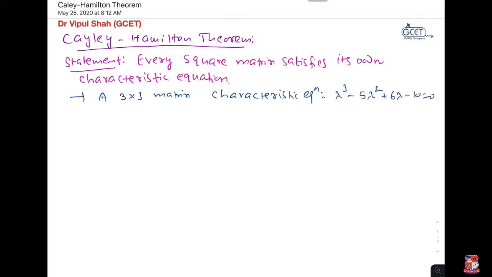Suppose this is the characteristic equation. Then this theorem says that the matrix satisfies its own characteristic equation. That means we must have A cube minus 5 A square plus 6A minus 10I, and that will become a 0 matrix. That is the thing that the theorem says.